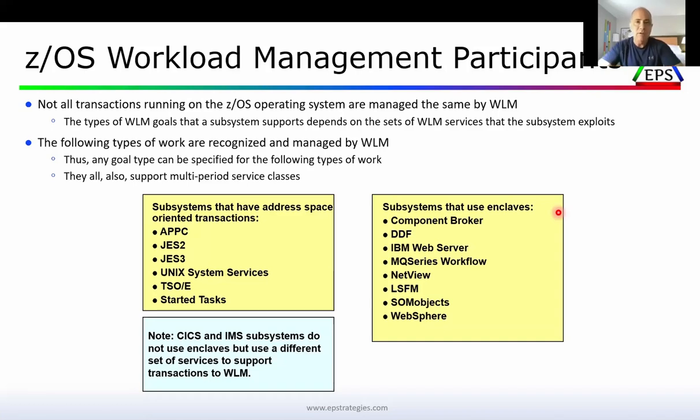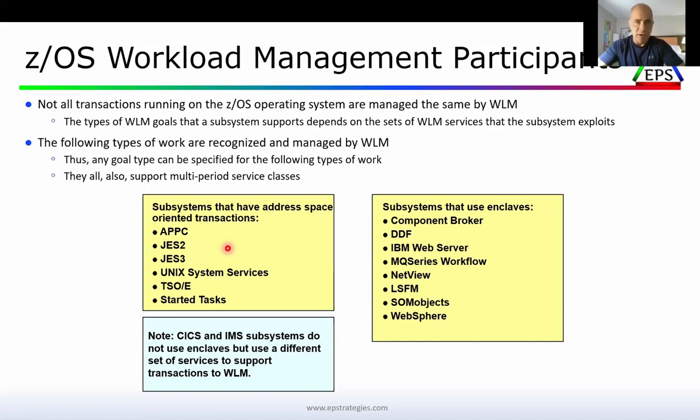You can see on this diagram that I have three different boxes. The reason these boxes are separated is that we have different types of transactions at the very high-level, broad category. On the left, where it says APPC and JES and USS and TSO, what we're classifying there is address spaces.